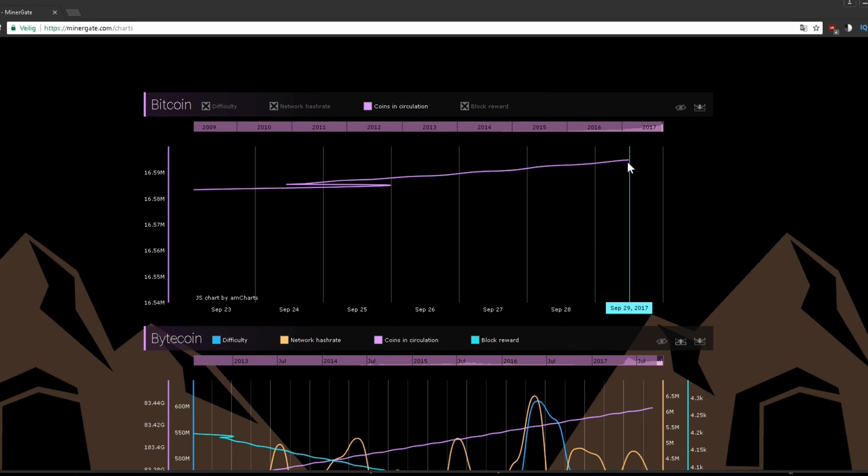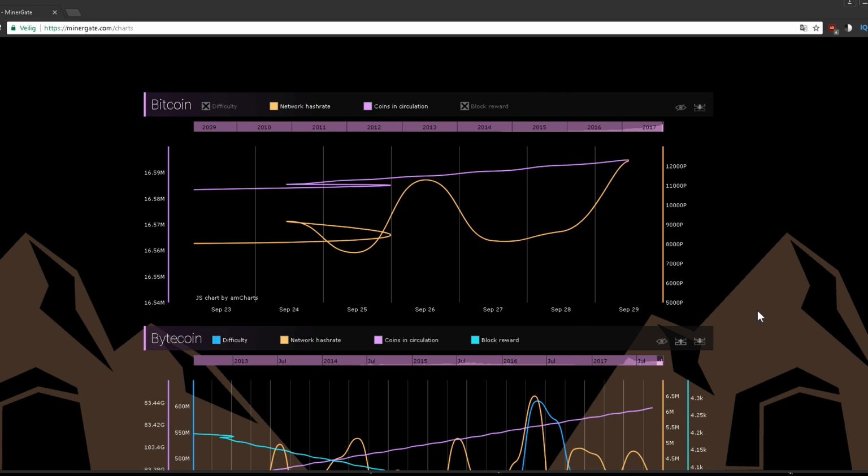If all the Bitcoins have been mined, it will be a lot harder to come by Bitcoin, which in turn will logically drive up the price. Here you can see the network hash rate and the changes.